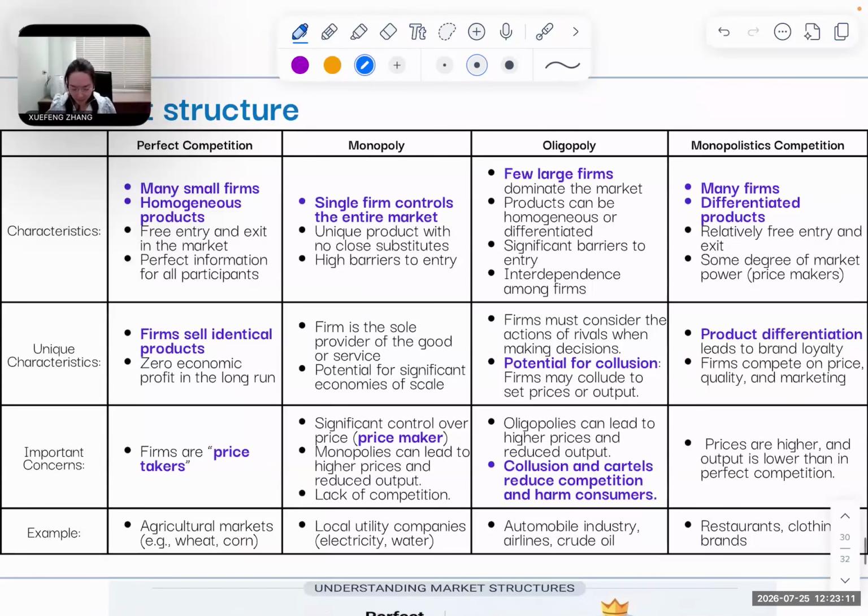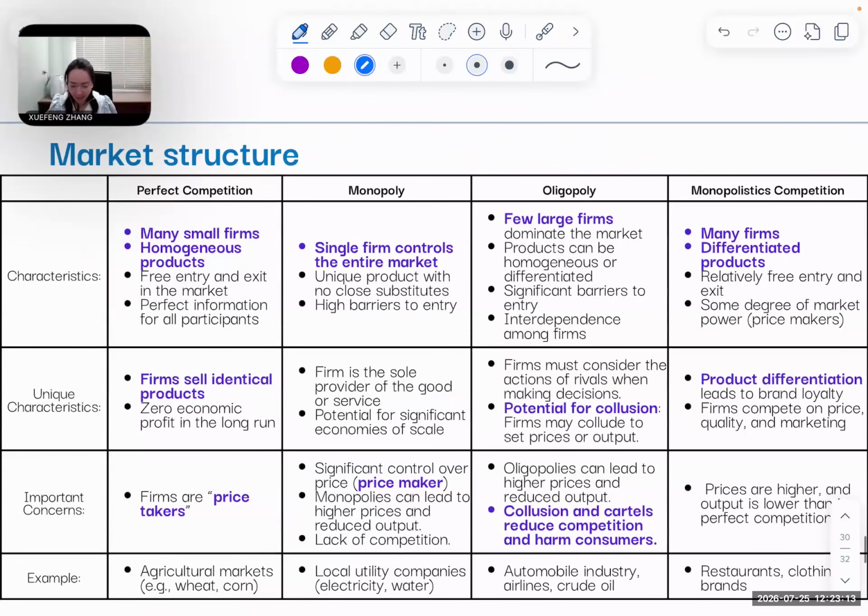I summarized it here for you. This table is quite dense. Don't read it. I'll walk you across it once, from left to right, following one thread: who controls the price? Let's see the first one, perfect competition. We have many small firms, homogeneous products. Homogeneous just means the same, identical product.